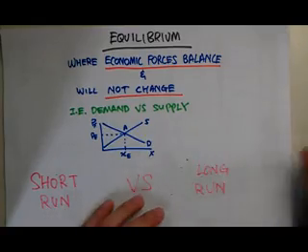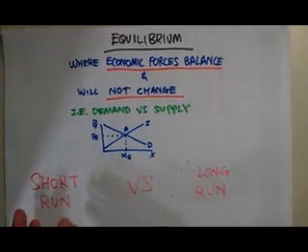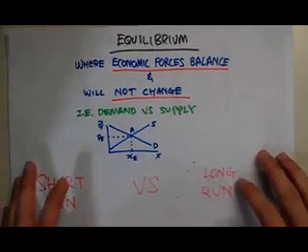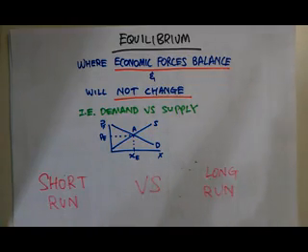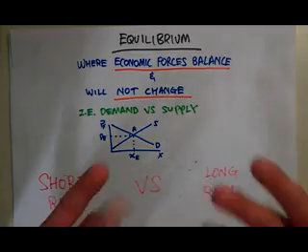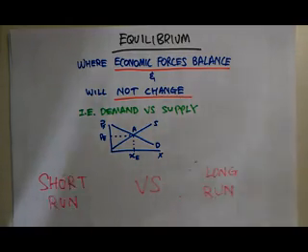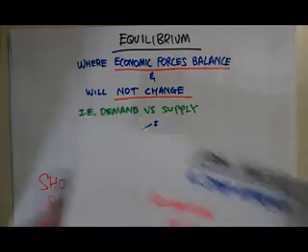There will be a short run equilibrium and a long run equilibrium. However, there is no stated definition for the short run or the long run, because it depends on the different topics of economics that we are going through. Do not worry, this will be covered when we progress later into the unit.